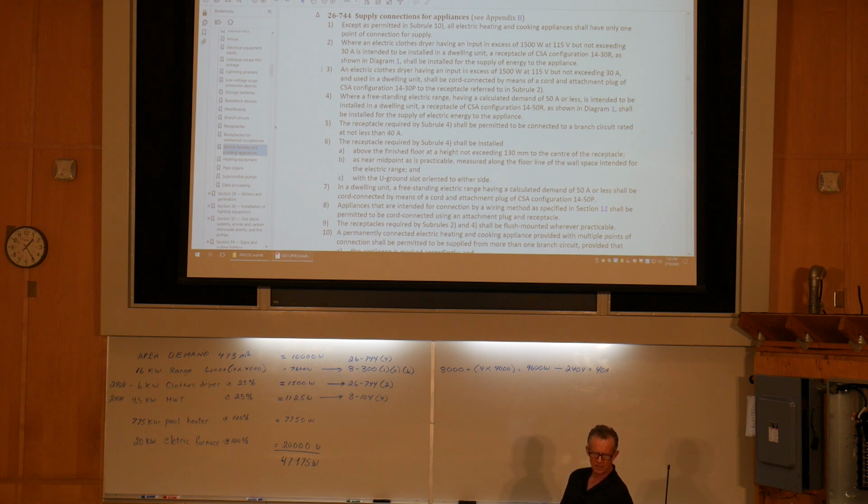Subrule 3 goes on to say, an electric clothes dryer having an input in excess of 1,500 watts at 115 volts, but not exceeding 30 amps, and used in a dwelling unit, shall be cord connected by means of a cord and attachment plug of CSA configuration 14-30P to the receptacle referred to in subrule 2. So we're going to need a 30 amp branch circuit, and we're going to need a 14-30R receptacle for it.